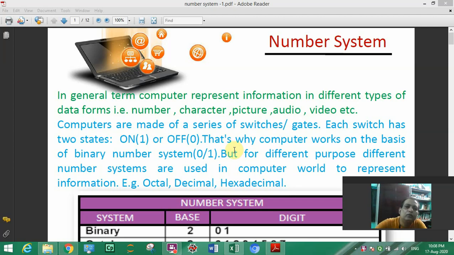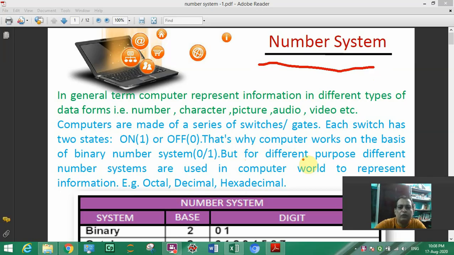Let us see number system. We will study about basically 3 number systems, you can say 4 number systems.